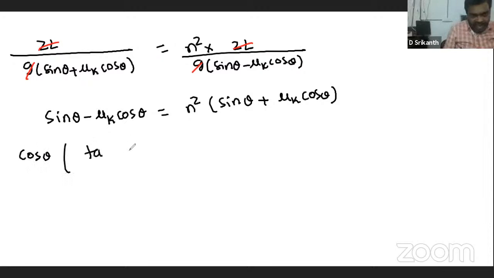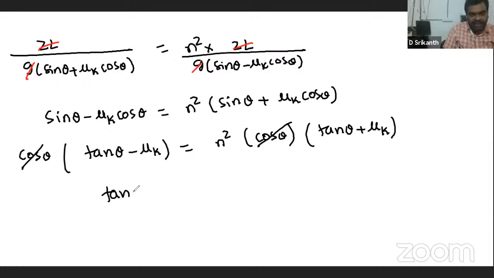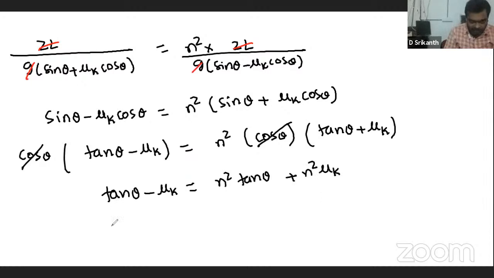That is tan theta minus mu k is equal to n square into tan theta plus mu k. Cos theta cancels. So tan theta minus mu k is equal to n square tan theta plus n square mu k. Rearranging the equation, tan theta minus n square tan theta is equal to mu k plus n square mu k.